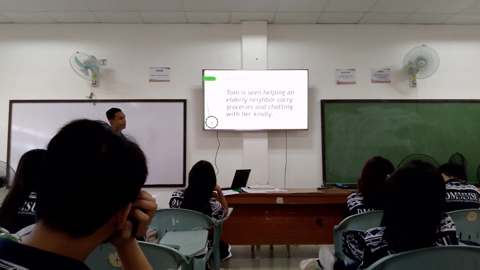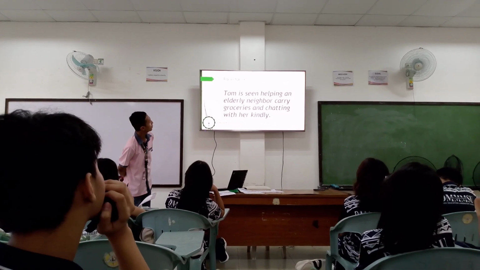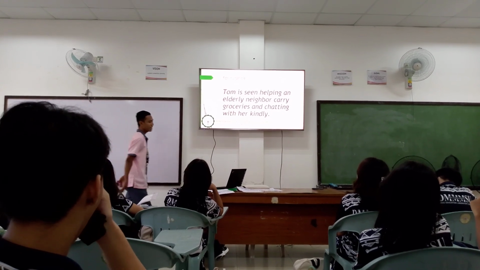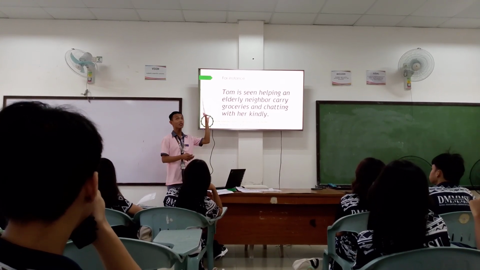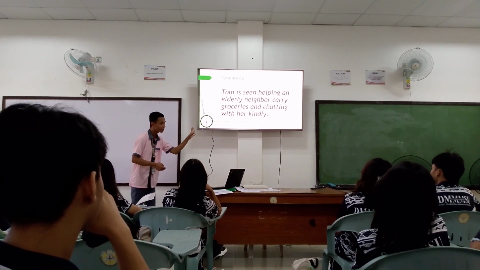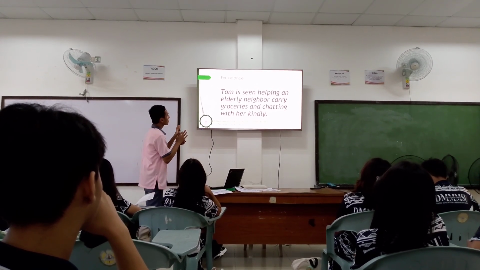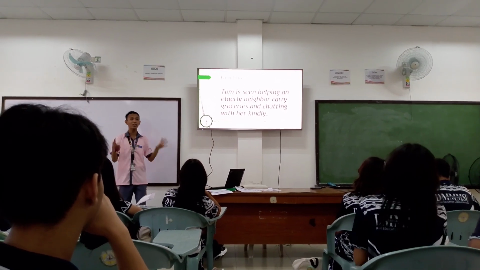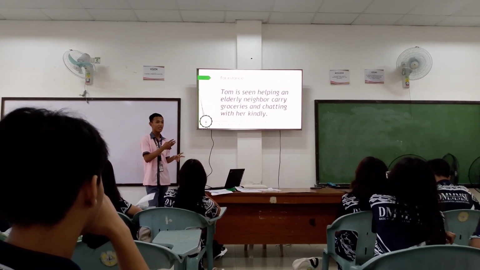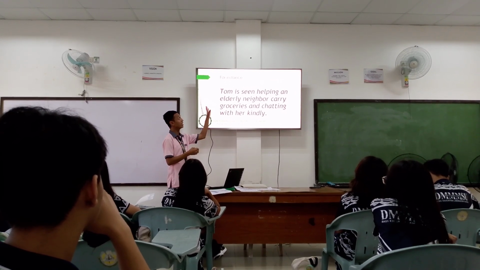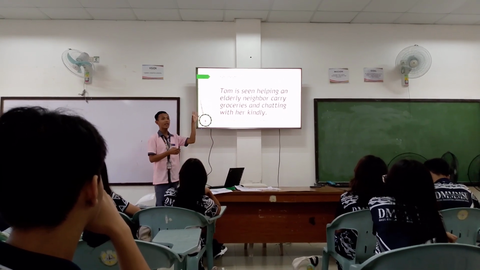Tom is seen helping an elderly neighbor carrying groceries and chatting with her kindly. So through his actions or interactions with the neighbor, it is included as indirect because there is an interaction between the different characters. Okay, so that is the difference between direct and indirect characterization.